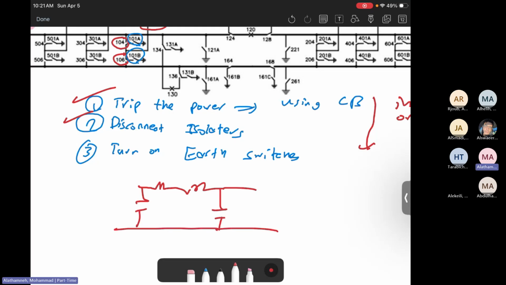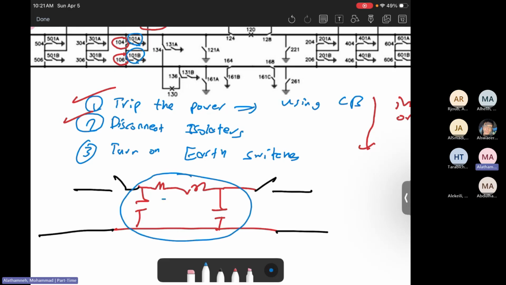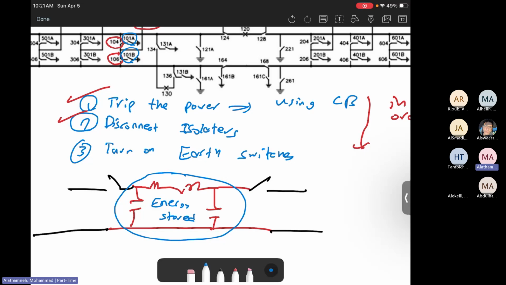When you disconnect the power from here, this does not mean we are out of power because there's some energy stored here. Where are they stored? Those are stored on the inductor and the capacitors. So in the transmission line, there's still some residual power inside it.